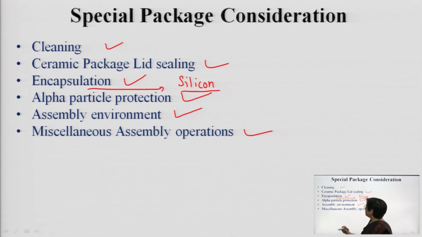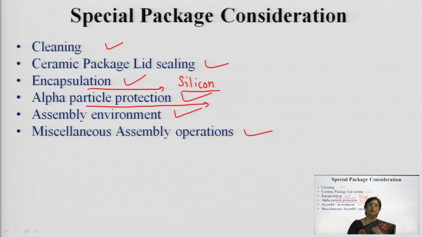Next, you have something known as alpha particle protection. This is needed because of the alpha particle radiation that can come from the packages. Whatever packages you are using, ceramic packages, if they contain radioactive materials such as uranium or thorium, the radiation in turn can compromise the reliability of the device.